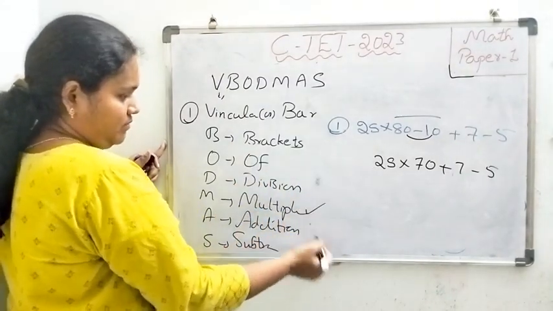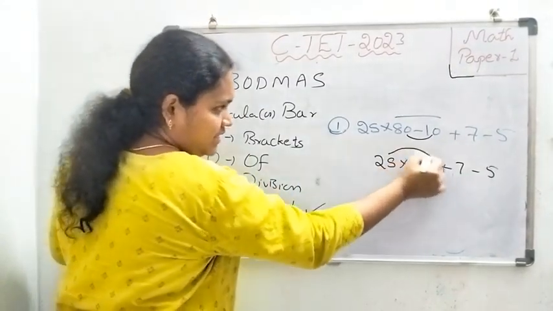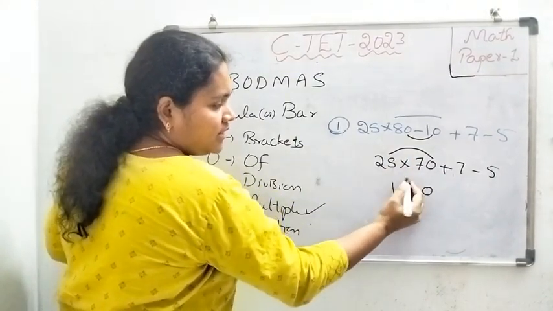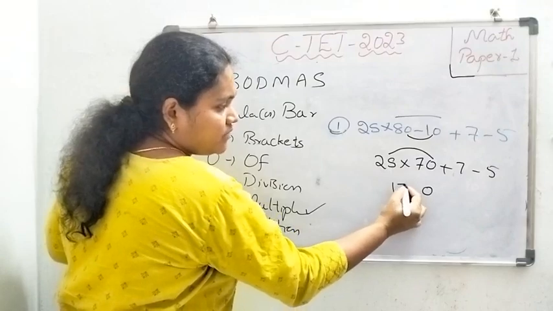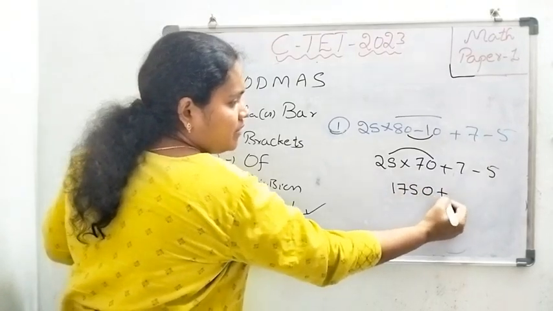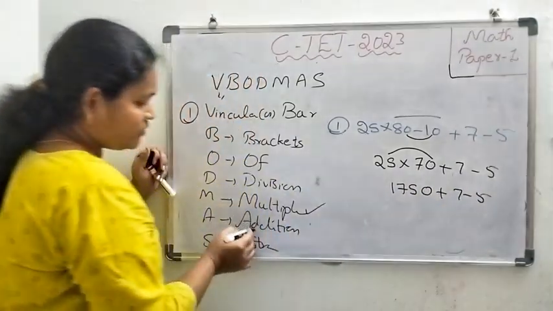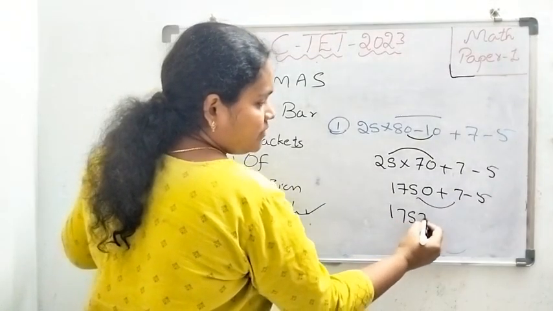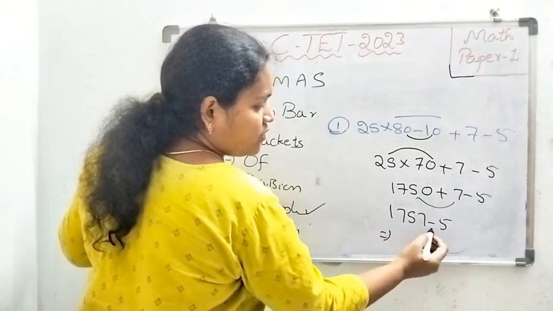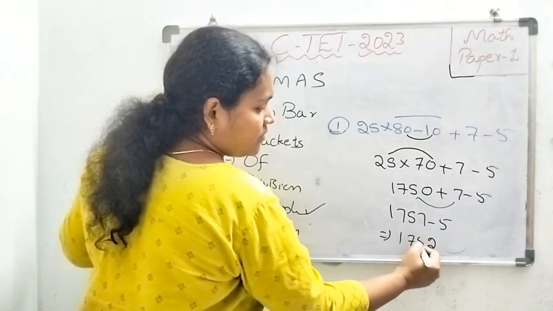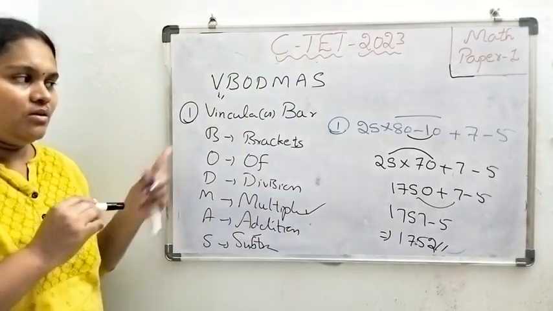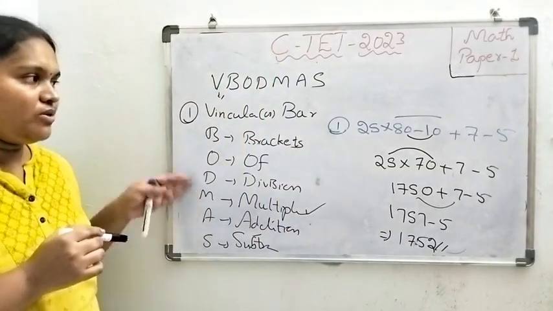Next is multiplication. So here multiplication is there, so we have to multiply 25 with 7, which is 175. Then next, addition, after that subtraction. So the answer is 175. So we should give preference according to the symbol.